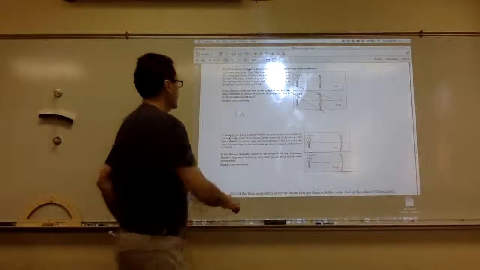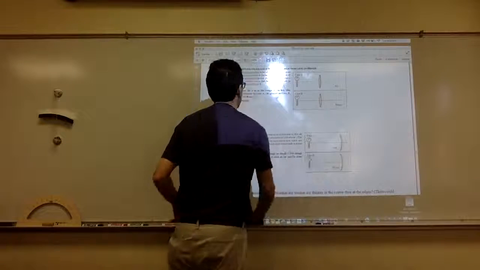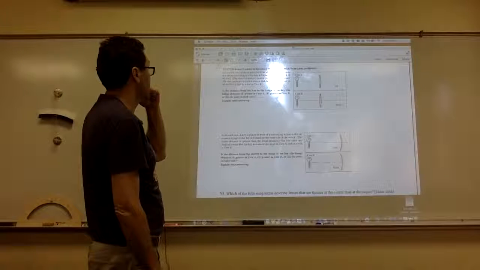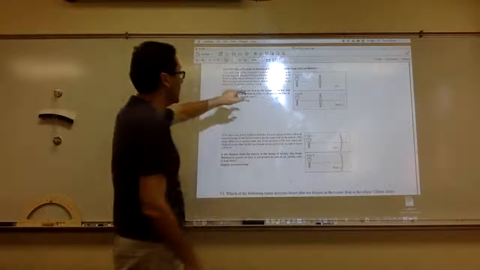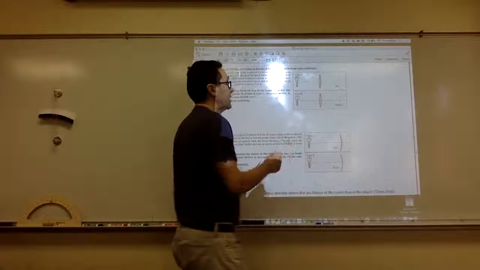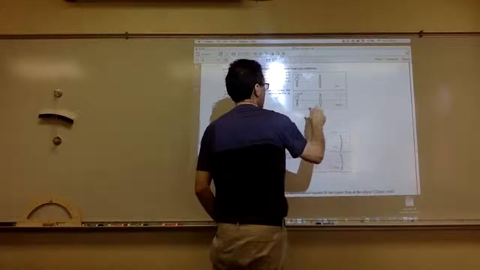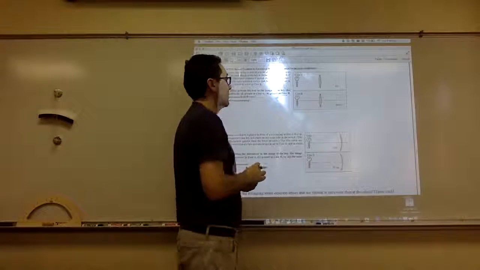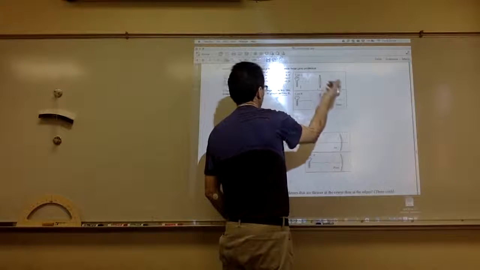All right, so let's look at these ranking tasks. The first one says, okay, if you are in water, there will be less bending, which means the focal point is further out. So the distance for the image in case B has to be greater. The reason for that is because the n for air is 1, for glass is 1.5.